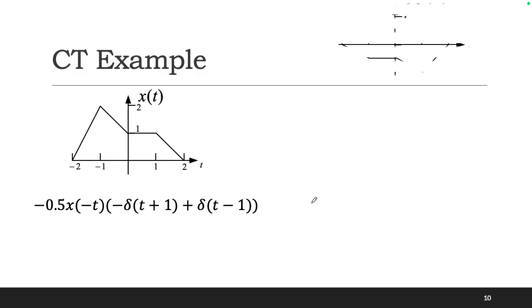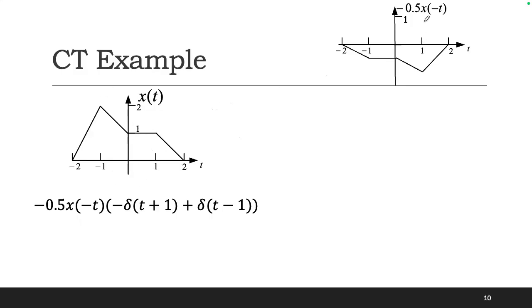Yeah. Also, you can use the shift we talked about. And here, firstly, let's get this part, -0.5x -t. The x we have xt, am I right? How can we get x -t? It is reversal, am I right? Reversal, what does that mean? Just flip based on this one, am I right?